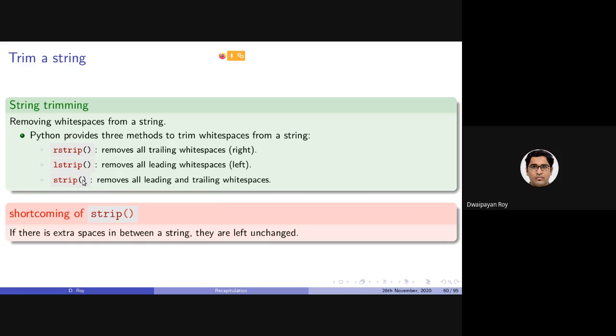But there was a shortcoming we discussed: in case of multiple spaces in between two words, these strips will not be able to remove them. So for that, we had written one code, an advanced strip, which can do that. I think we have written that in our assignment.